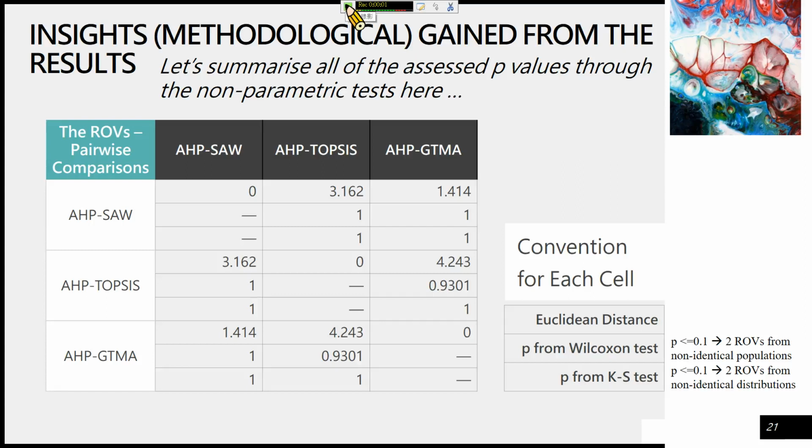Now let us summarize all of the p-values that are obtained during the experiments of this study and compare them to their traditional Euclidean distance counterparts. The relationships between the p-values and those distances are reasonable, since when we want to claim supporting evidence for the conclusion that two ROVs are very similar, we want the evidence to be far away from the two facts.